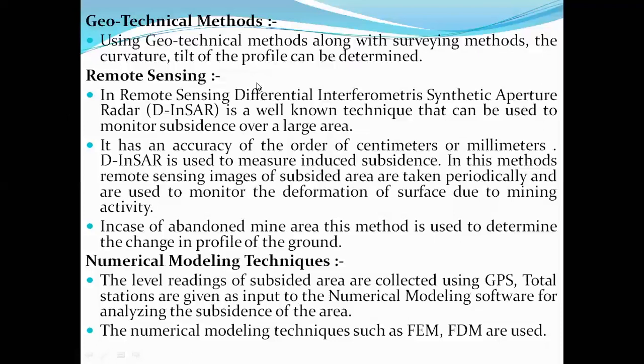Next, remote sensing. This I was talking about. Remote sensing is a more advanced method, which with the advancement of technology we can use in predicting the amount of subsidence on the surface.